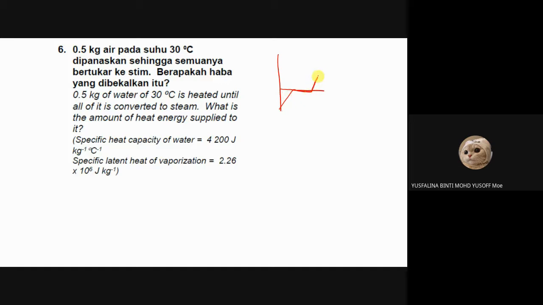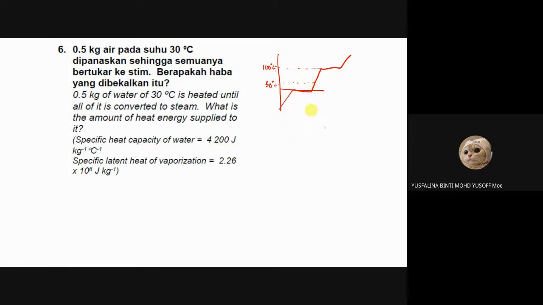This is 100 degrees Celsius, the boiling point, and 30 is somewhere around here. You need to increase the temperature first, and then after that it can change to gas. The increase of temperature is mc theta, where c is the specific heat capacity.